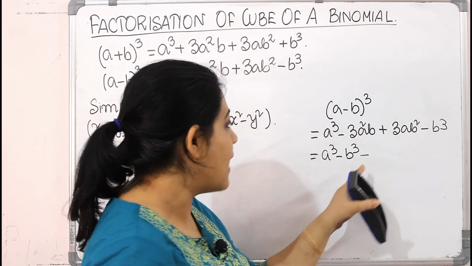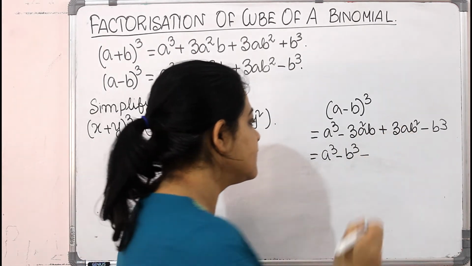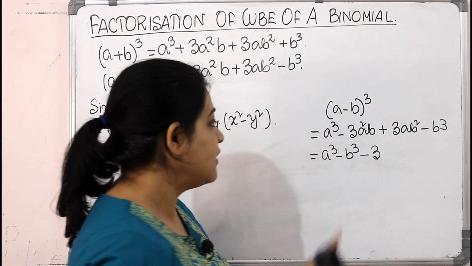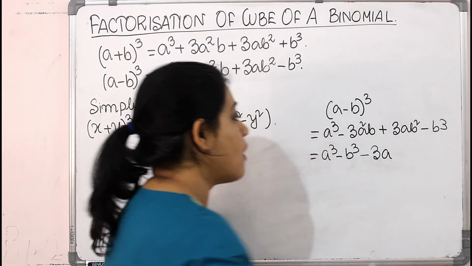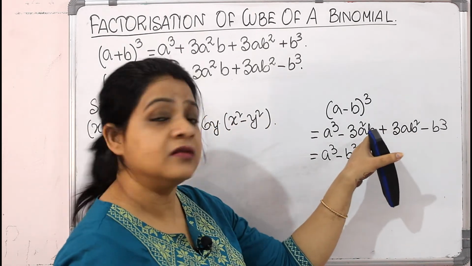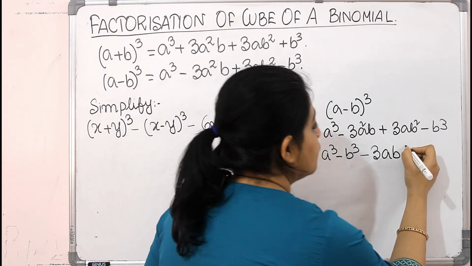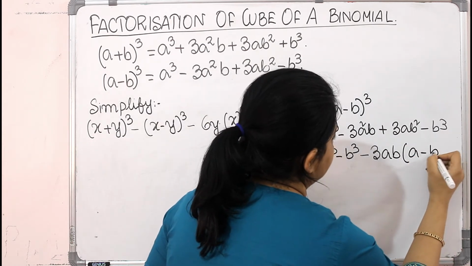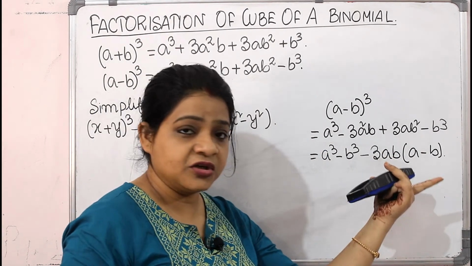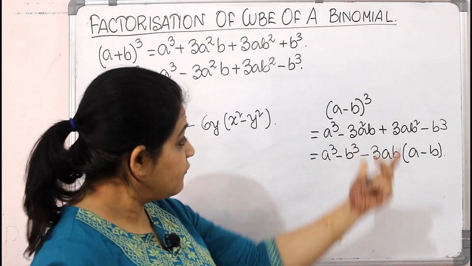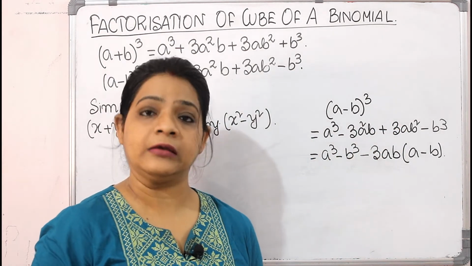I can write minus, 3 is common to both these two terms. So 3 I will write here. A square, here is a, so I can take a as common. It is b square, this is b, so I can take b as common. So I can write a minus b. So this modification of this formula, we are going to use over here.